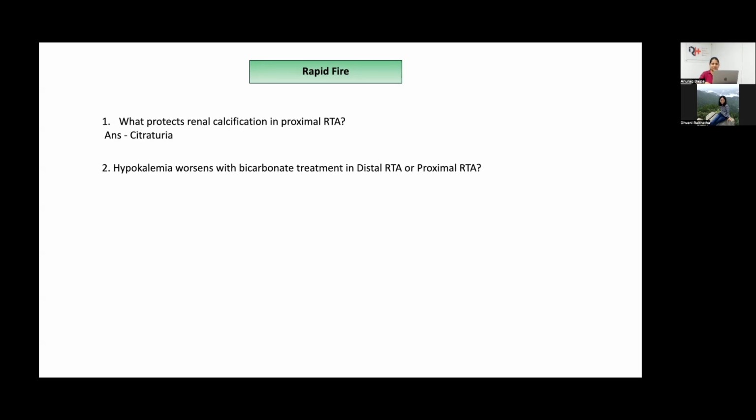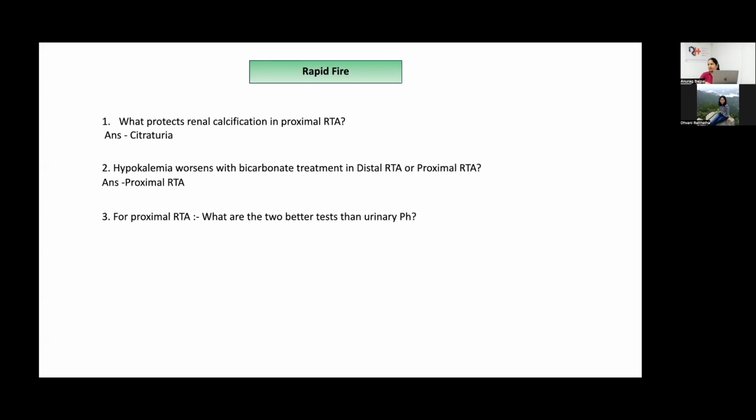This is the simplest question, I think. Proximal RTA, definitely it's the proximal RTA. Next question. For proximal RTA, what are the 2 better tests than the urinary pH?